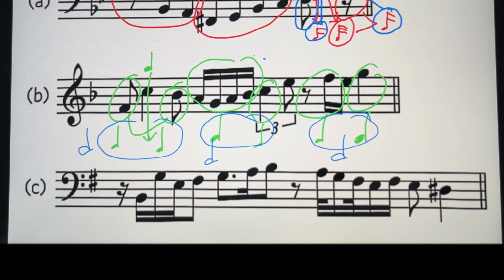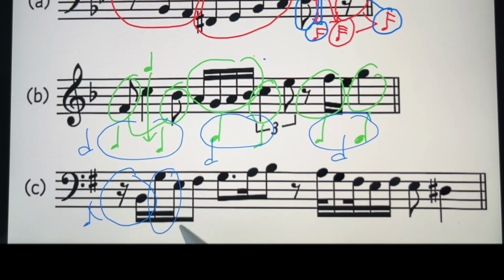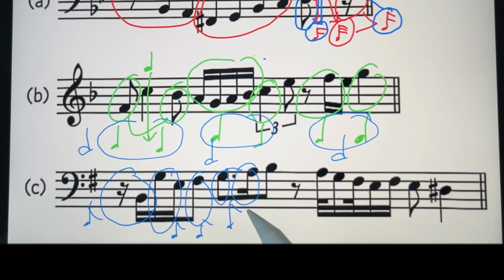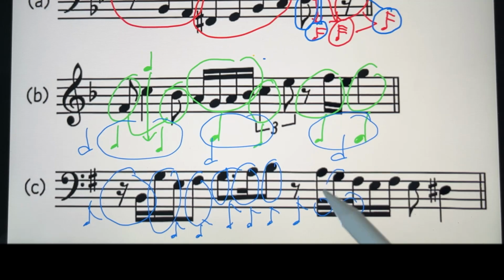Now let's group them into quavers. So this is 1 quaver, this is another quaver, and this is another quaver. Now this is 1 quaver, 2 quavers, and this is the third quaver. 1 quaver, this one will become semi-quaver plus this semi-quaver.